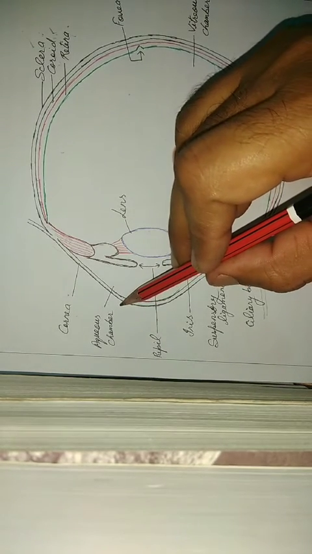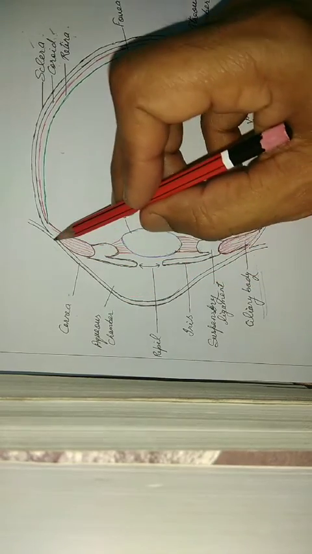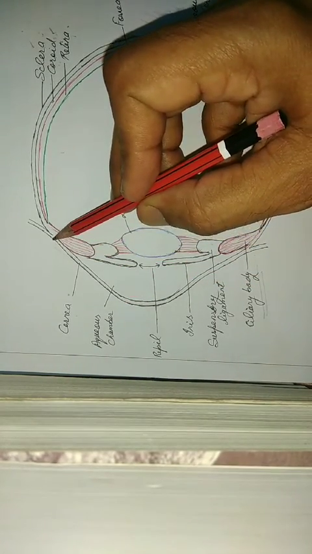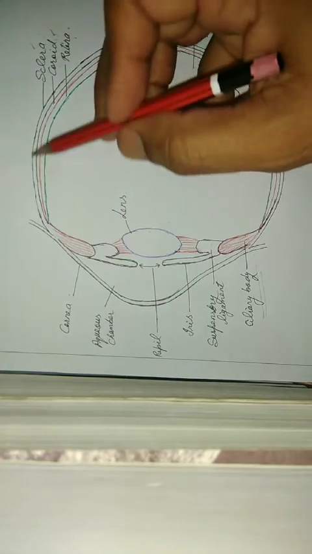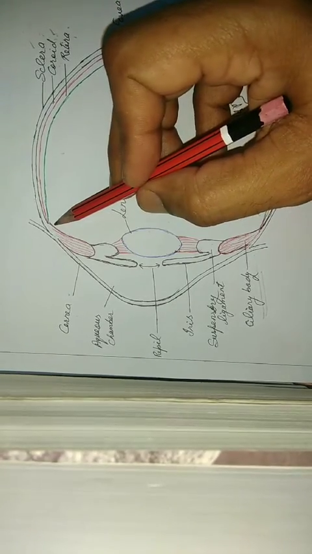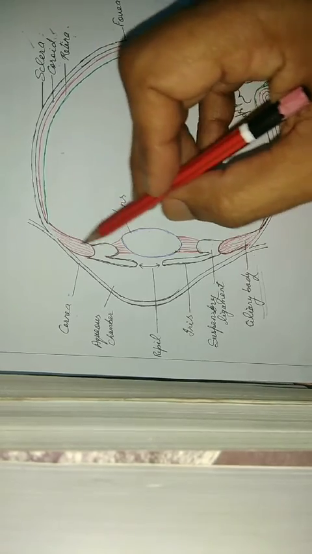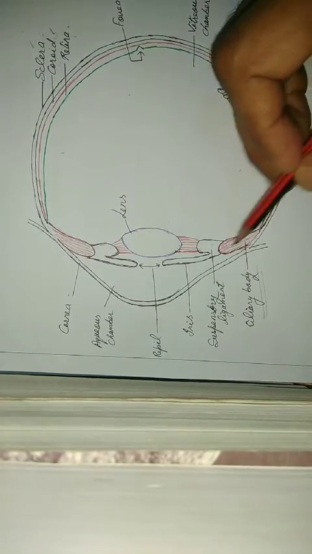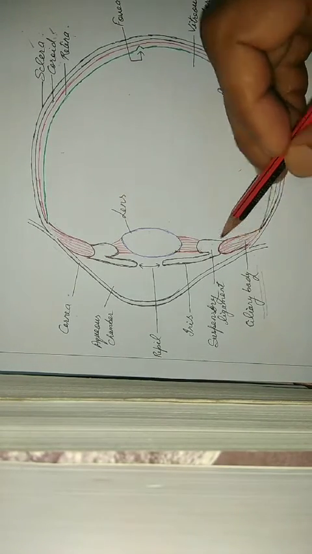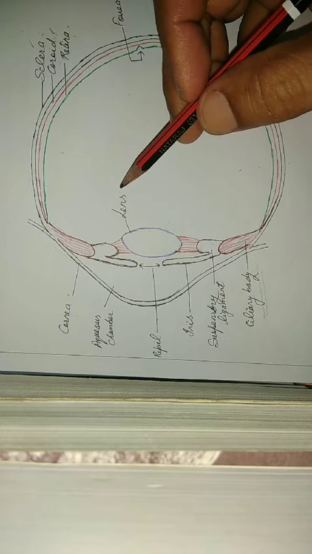Just behind the junction between the cornea and sclera, the choroid becomes thicker and forms the ciliary body.